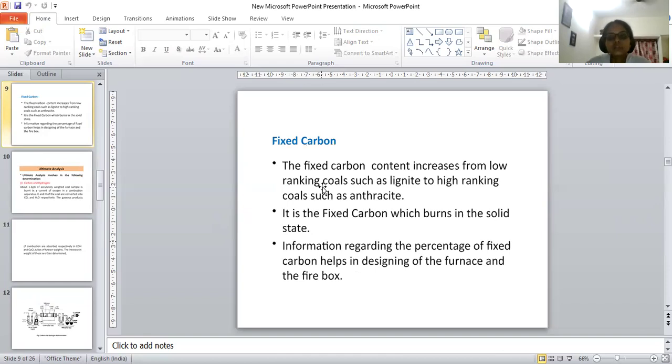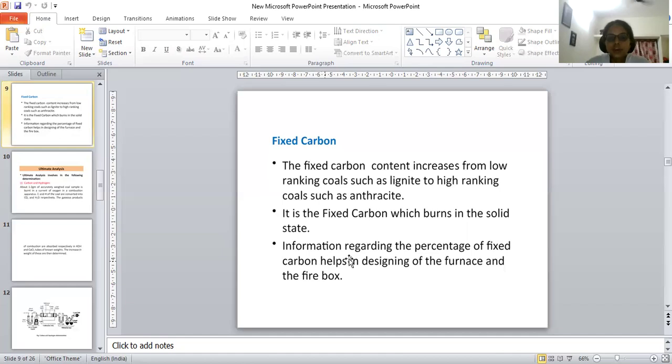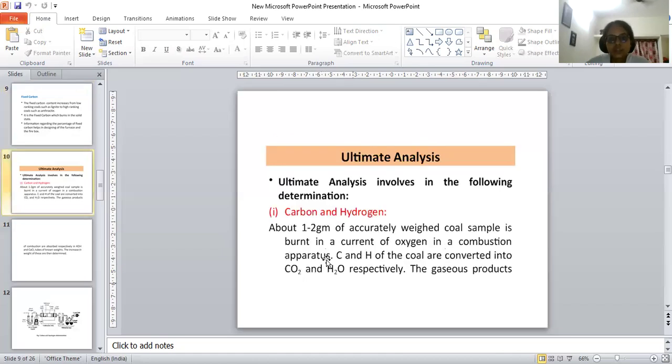We classify coal from lignite to anthracite on the basis of percentage of carbon only, and we can choose the coal accordingly. It is the fixed carbon which burns in the solid state. Information regarding the percentage of fixed carbon helps in designing the furnace and the fireworks.